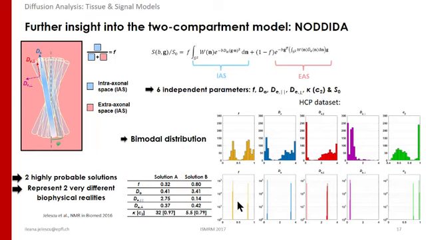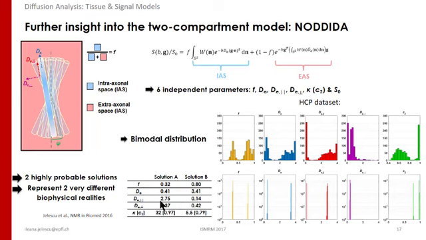Even if you take a single voxel and run the fit, just changing the initialization, you have 2 possible outcomes within a single voxel. Essentially you have 2 highly probable solutions to your two-compartment model that represent very different biophysical realities. We just refer to them as one being D axonal less than DE parallel, and the other way around, D axonal higher than DE parallel.